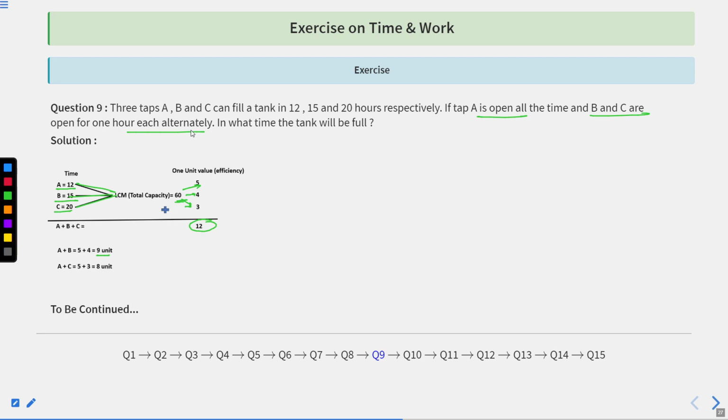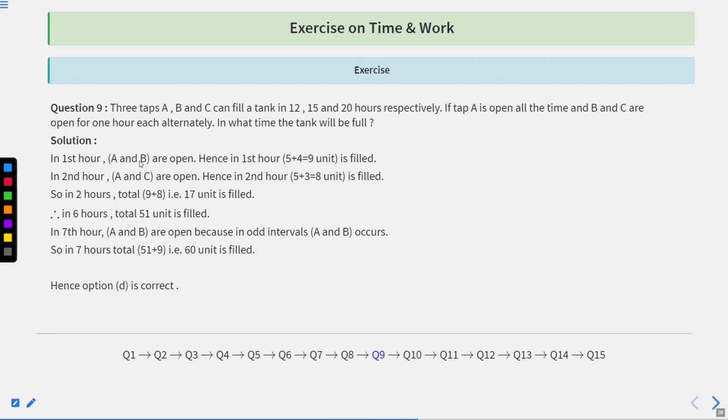So it will switch continuously. A plus B efficiency will be 9 units and A and C efficiency will be 8 units. So in the first hour, A and B are open, hence 9 units are filled. In the second hour, A and C are open, so 8 units are filled.